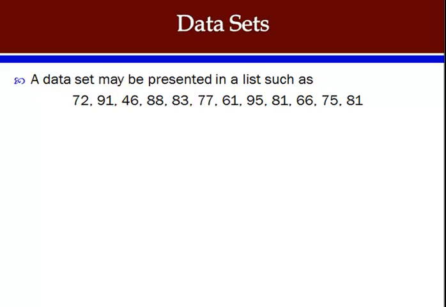Now, a data set may be presented in a list form, such as the list of numbers you see here: 72, 91, 46, 88, 83, 77, 61, 95, 81, 66, 75, and 81.